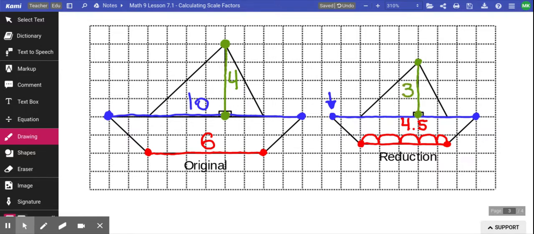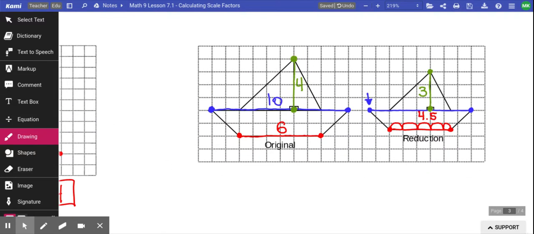That's exactly 3. So when possible, try to find lengths that don't have decimal values, just because we don't want to be guessing if it's actually 4.5 or 4.6 or 4.4. We would rather have exact spots like my green ones here on the flag of the boat.